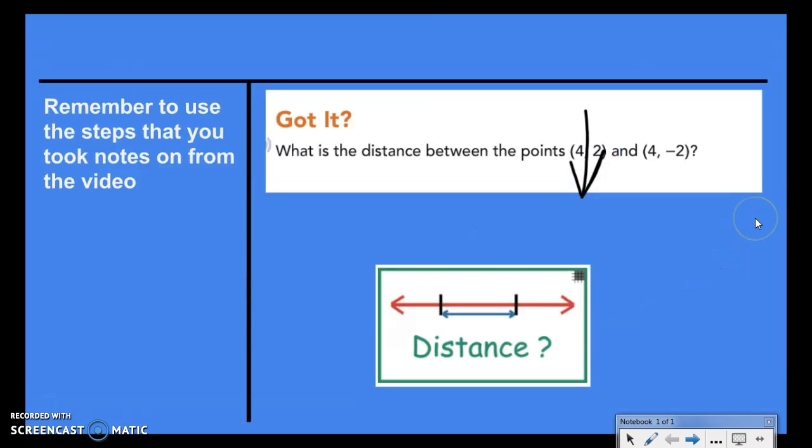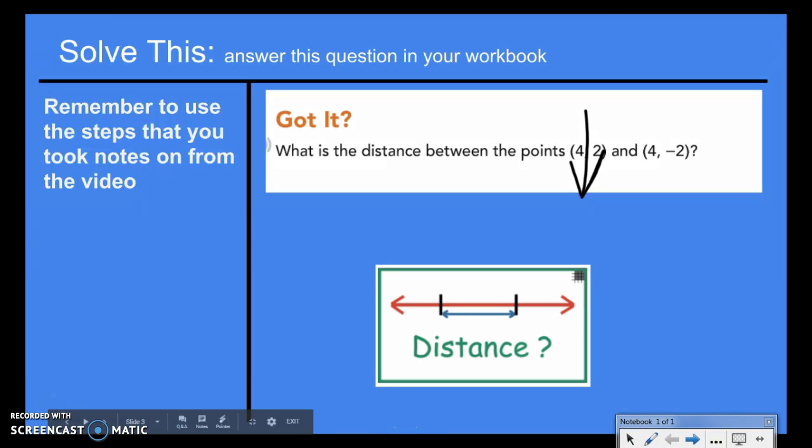Okay? Alright. So remember to use the steps that you took notes on in the video. So when you're finding distance, you're going to do the same thing here. Go ahead and create a coordinate plane in your notebook. If you need to get some graph paper out, that might be a good idea, so that way you don't have to draw the grids.